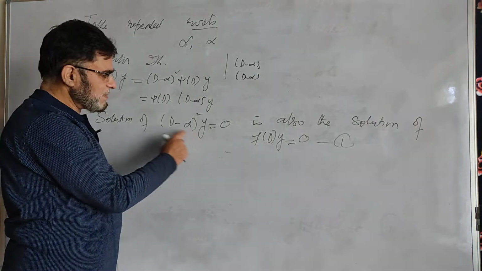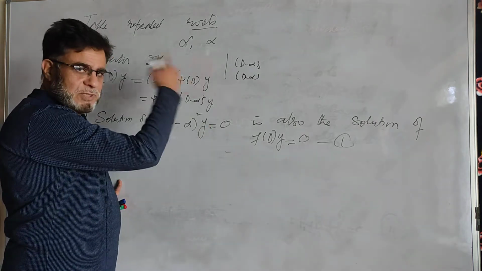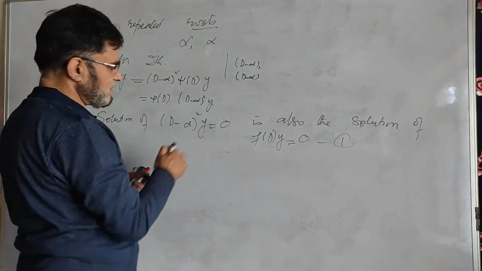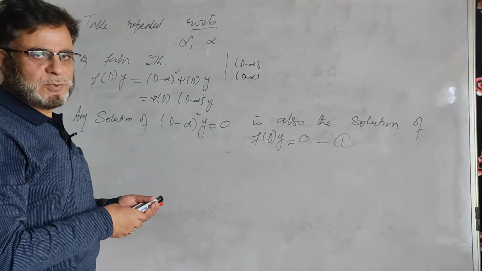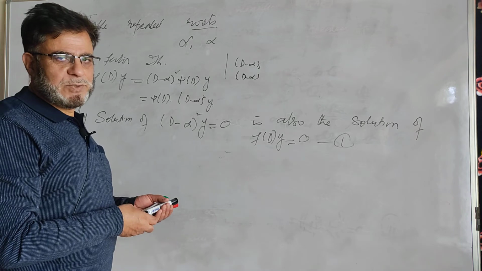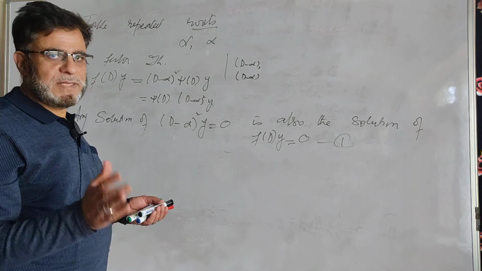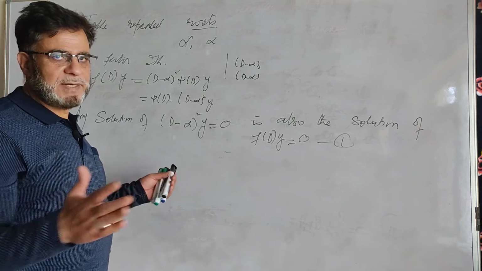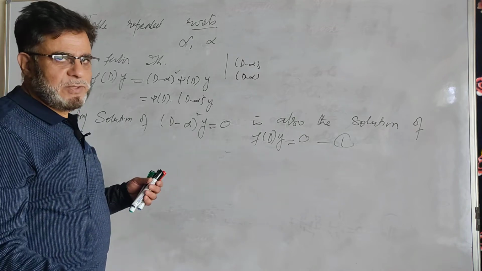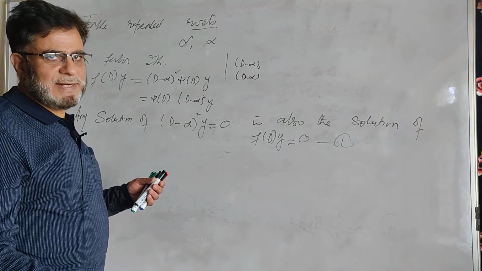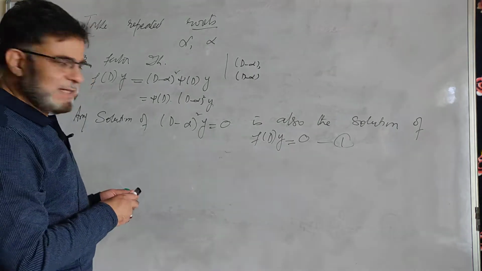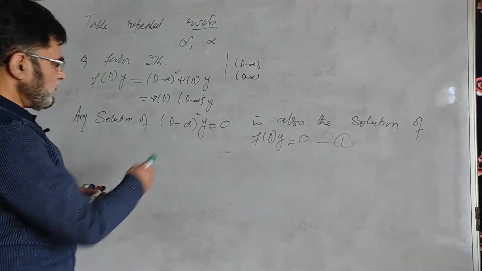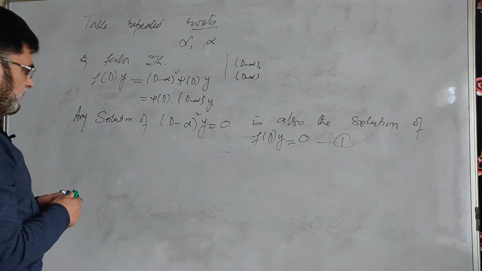Any solution of this part is also the solution of the given equation. So let us solve this separately. We will come to know what will be the roots and what will be the part of the complementary function. It is a part. For the other part, we know there are all roots real and different, but some of the roots are repeated. So we take the repeated case here. So we solve this. You see how we solve it.